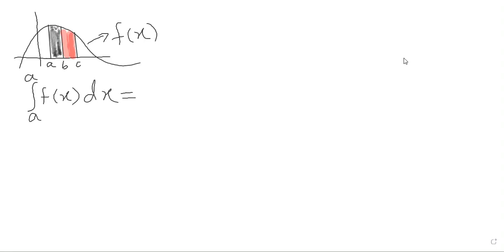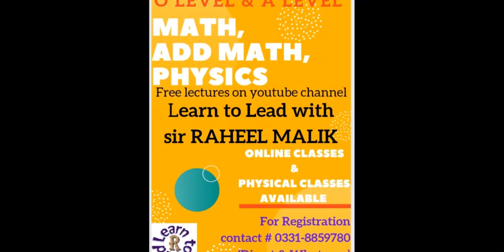It means that basically what we do, we integrate this thing, and after integration, we put upper limit minus lower limit. So a minus a, the whole thing will become 0. Okay, so always remember that if you are integrating any function and its upper limit and lower limit are same, then you don't have to do any working. You can directly write that it is going to be equal to 0.